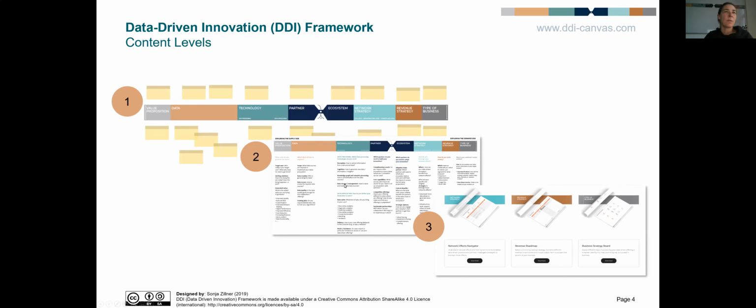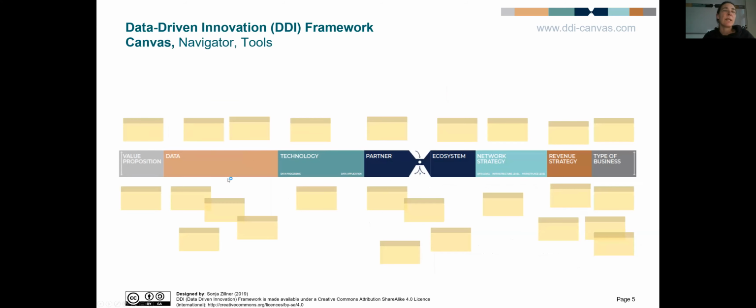The framework also comes with a set of guiding questions. Each dimension has detailed guiding questions that guide you through exploring the problem space of this area. And for each of the dimensions, we also have methods in place. So this is the canvas, and we will play around with this canvas in a minute.